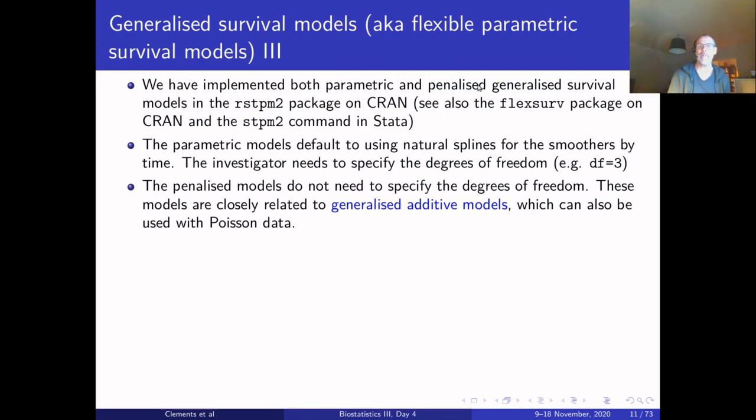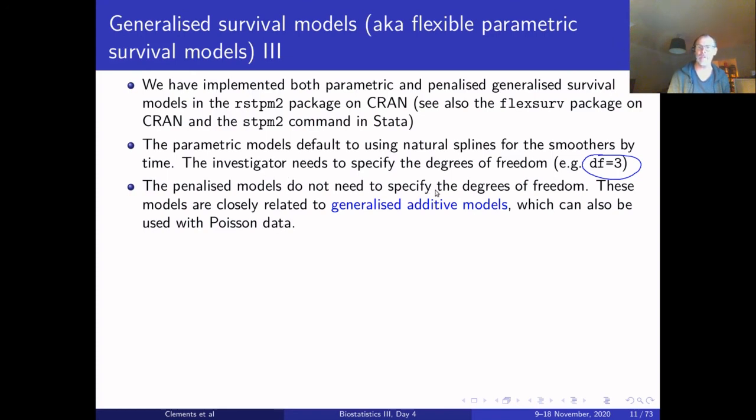We've implemented both parametric and penalized generalized survival models in the rstpm2 package on CRAN, but there's also the flexsurv package on CRAN and the stpm2 command in Stata. The parametric models default to natural splines for the smoothers by time, and the investigator needs to specify the degrees of freedom using an argument df equals 3 or 4 or 5.